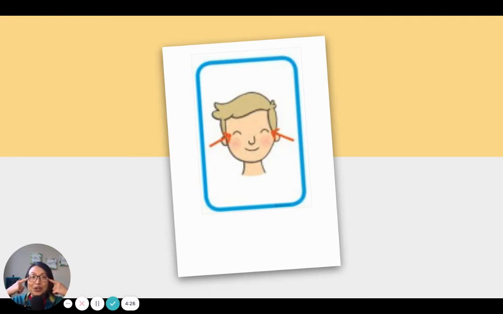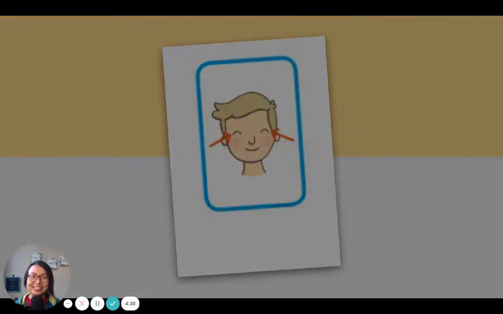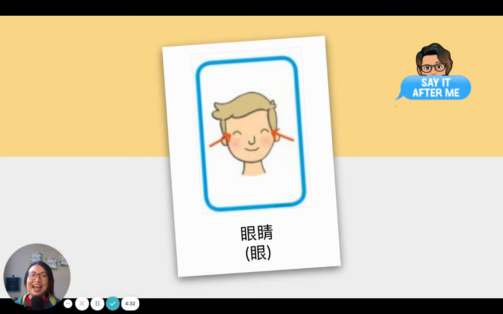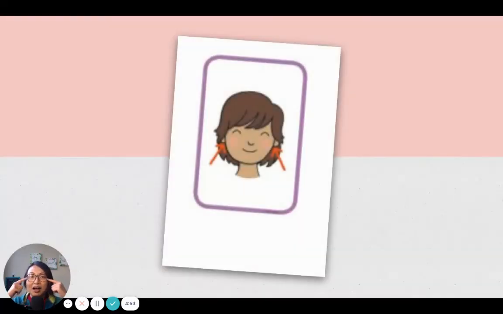We have our eyes. Eyes in Chinese is 眼睛. This is how we usually say it by writing. So we write 眼睛 when we are talking about our eyes. But when we are talking, we just say 眼. Yeah, that's what we say. Eyes and ears. What are ears?